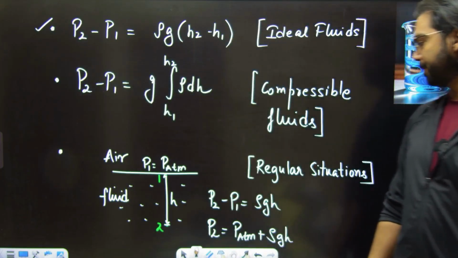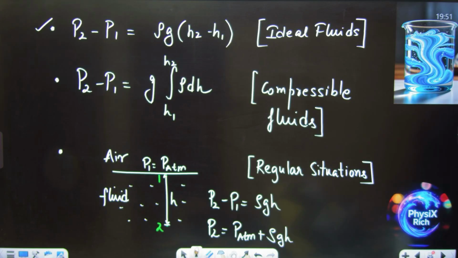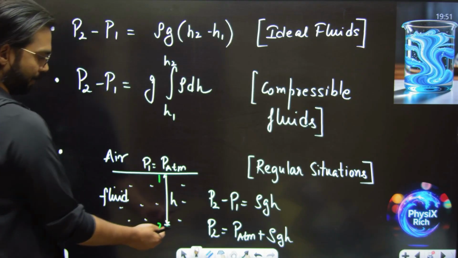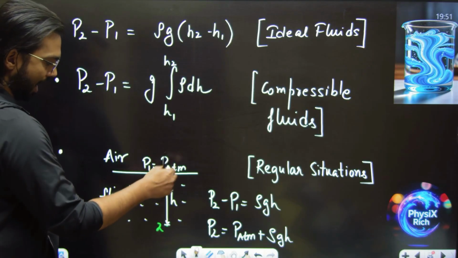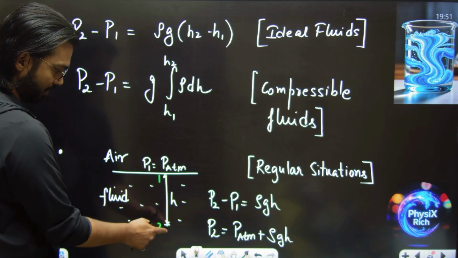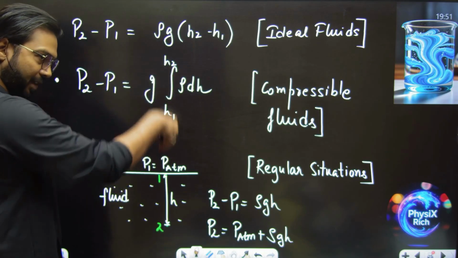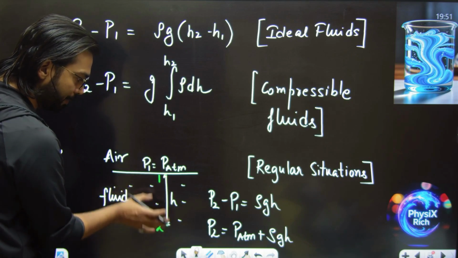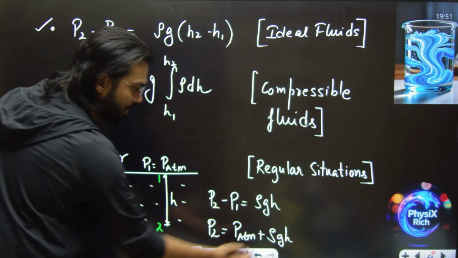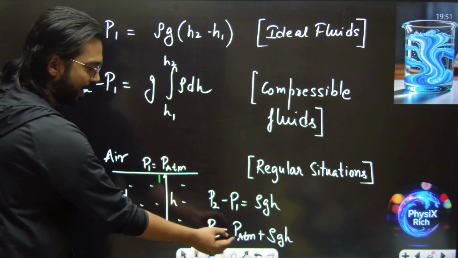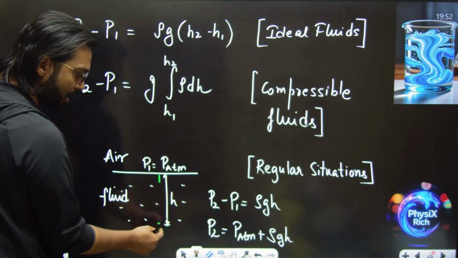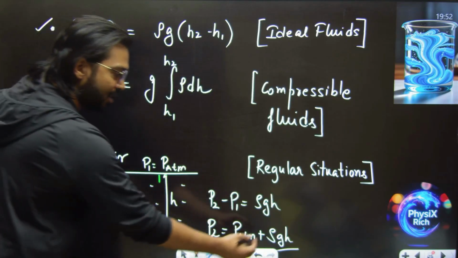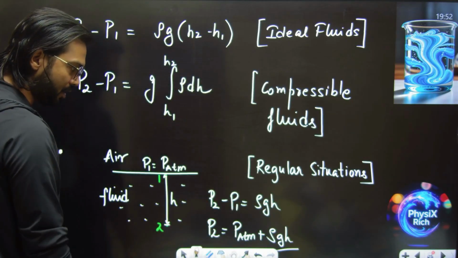Please note this. Okay. In regular situations, what you will see is that if I have a point underneath the fluid, let's call this point 2. At this point 2, the pressure will be equal to the pressure because of the atmosphere from top and due to the pressure due to the liquid. The pressure due to the liquid will be simply rho gh, and the pressure due to the atmosphere will be PATM, and that's why the pressure at any point is defined by its depth, by how deep it is. H is the depth underneath, all right?